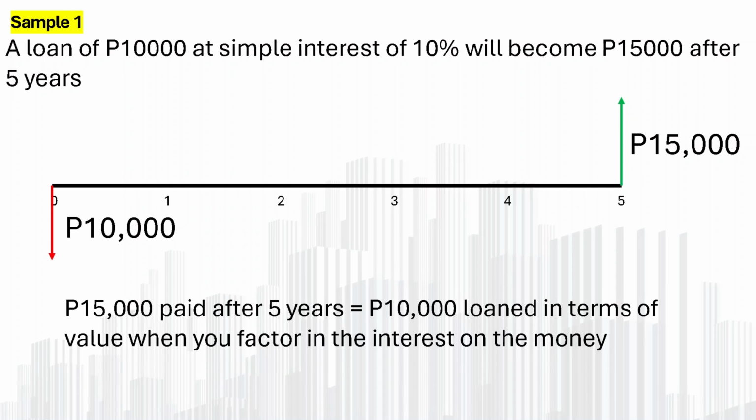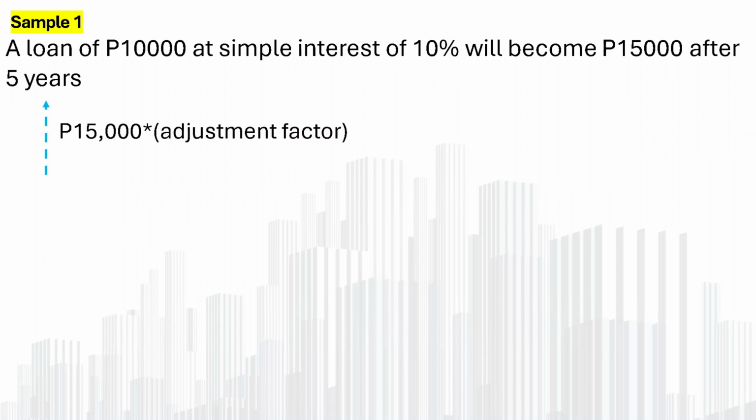That will be 10,000 loan in terms of the value when you factor in the interest on the money. So the key there is trying to bring back this 15,000 back to its present. So if we're gonna convert 15,000 back to 10,000 pesos, just to know what is the interest accrued here, or the 10% neto basically, we have to multiply it with something, the adjustment factor, and as you know, that will be the interest rate.